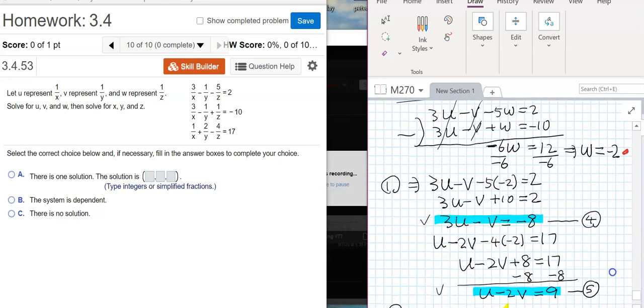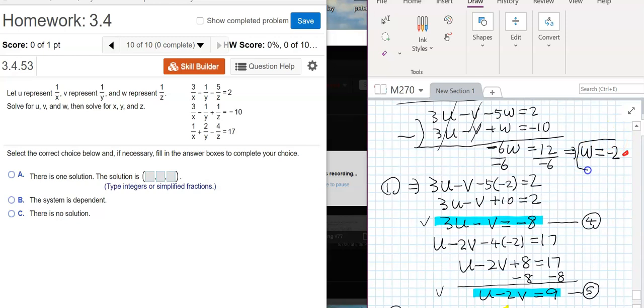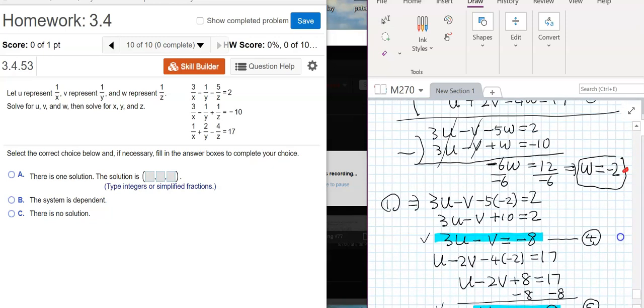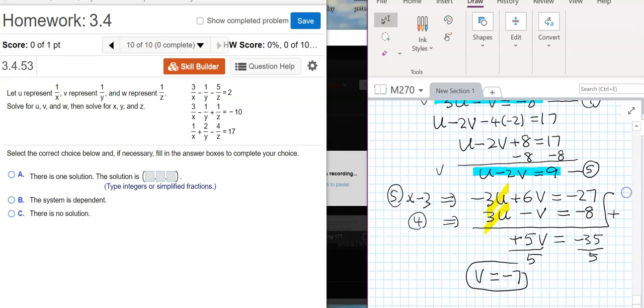I have w equals negative 2 and v equals negative 7. All I need to do now is find u. How to find u?